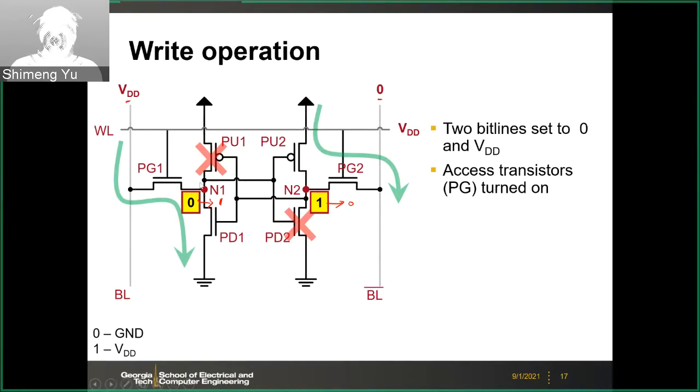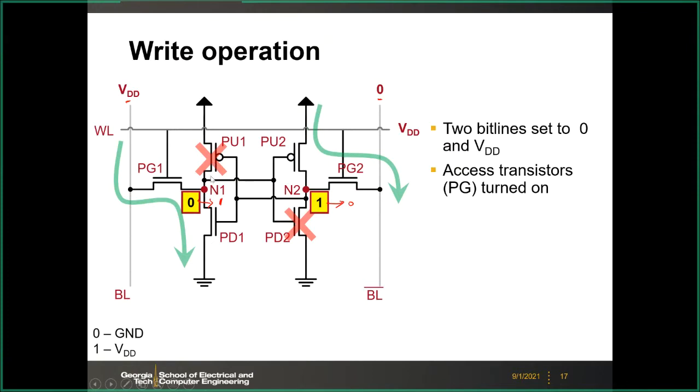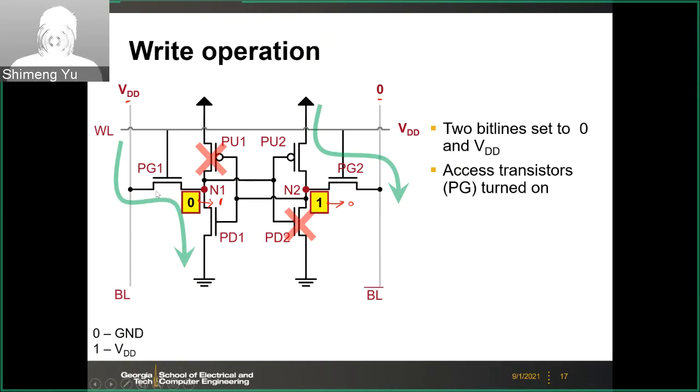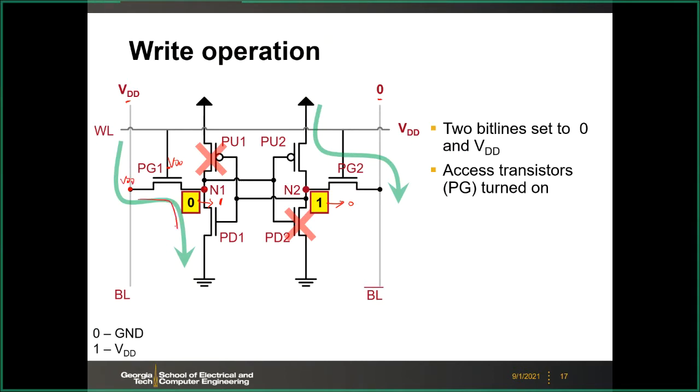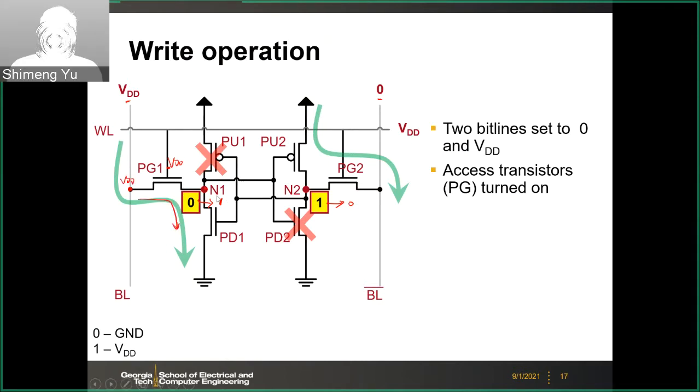But if you look at the left branch circuit here, you see that this pass gate 1 is turned on, because here you have the VDD, and this is also VDD, and this is ground. So you will have the current flow like this. The N1 node voltage will increase a little bit.